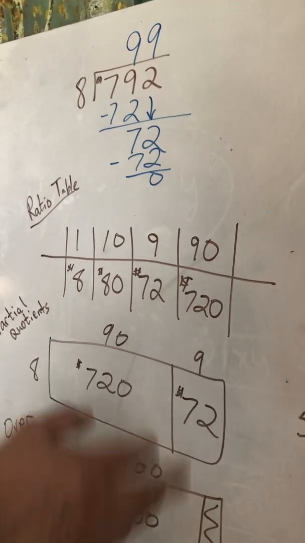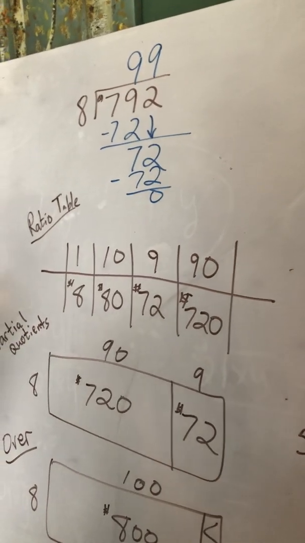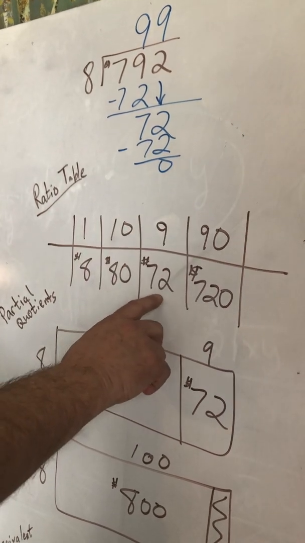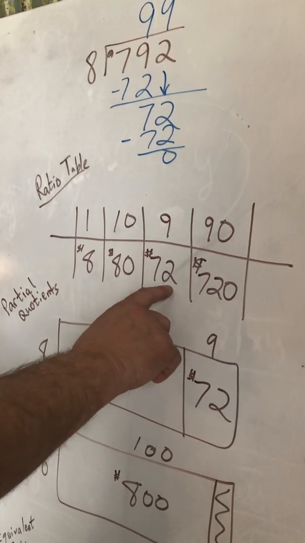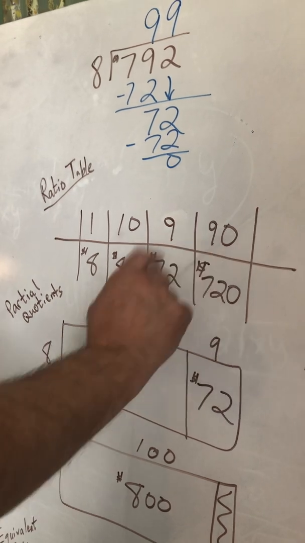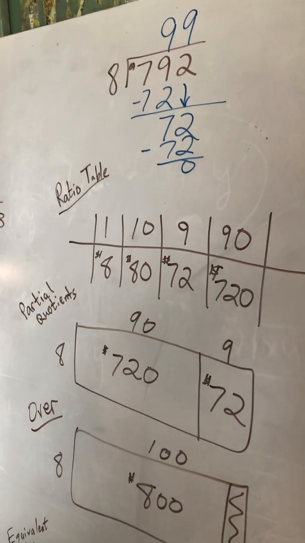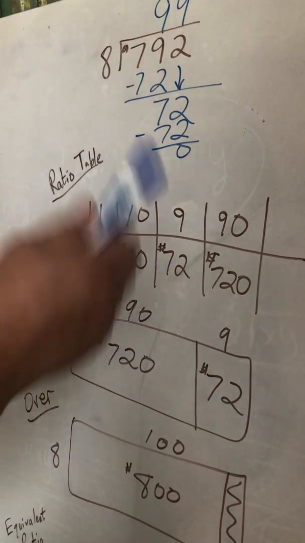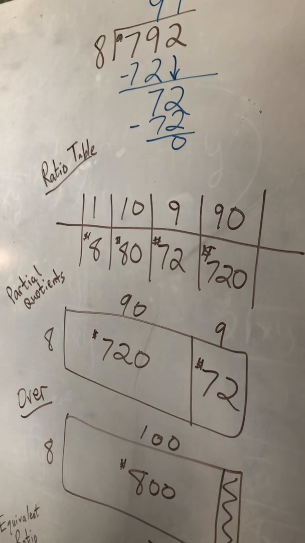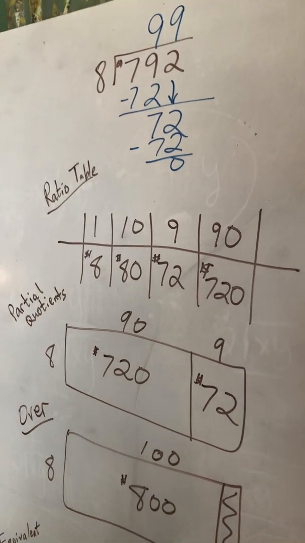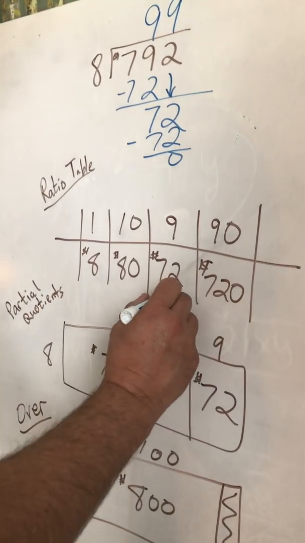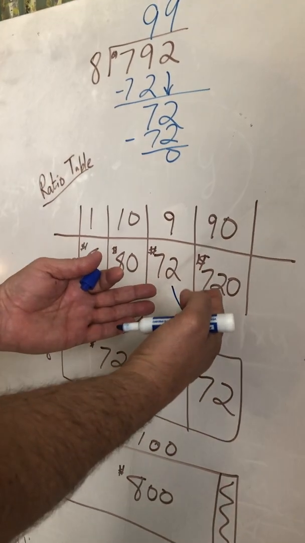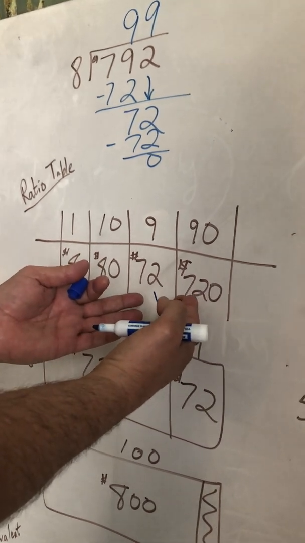So I thought, if I just jump to 90, 90 times 8, we're just adding a 0 to this one. So 90 times 8 is 720. And right there I'm thinking, whoa, I'm really close. In my head I did 792 minus 720, and I'm only 72 away.